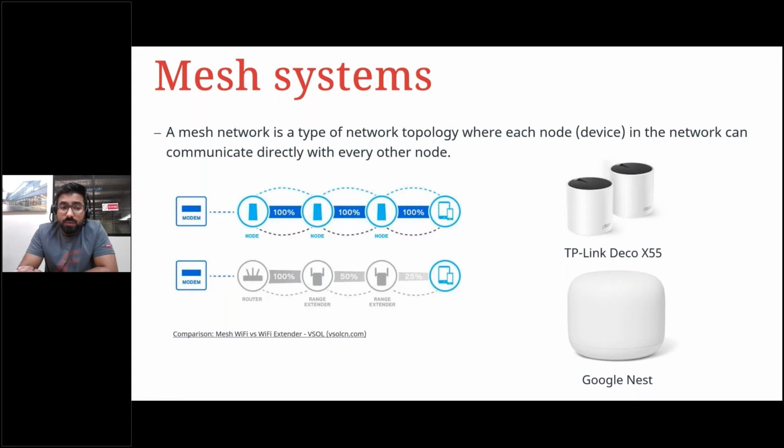While in mesh, each node can dynamically choose between other nodes, depending on which is faster or which is available at the time. On the right-hand side is an example of mostly used mesh networks.